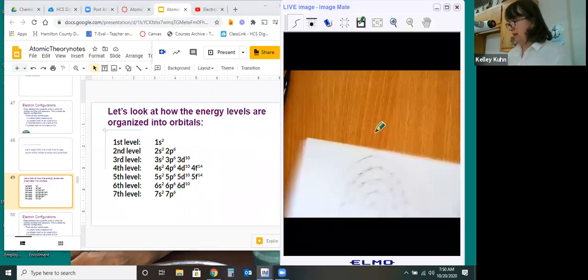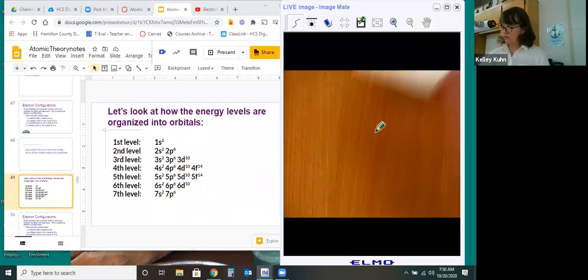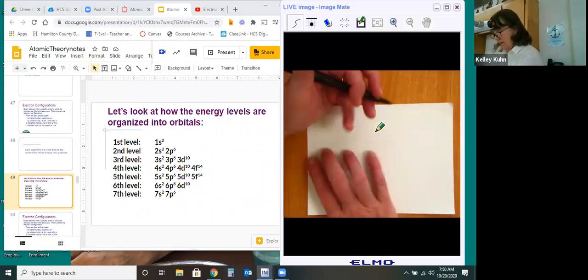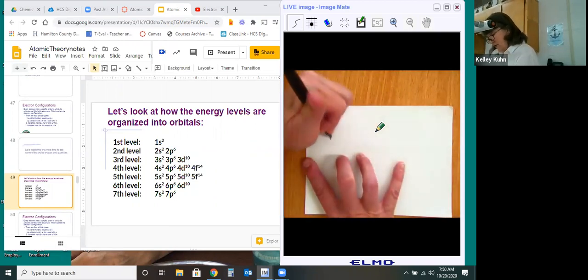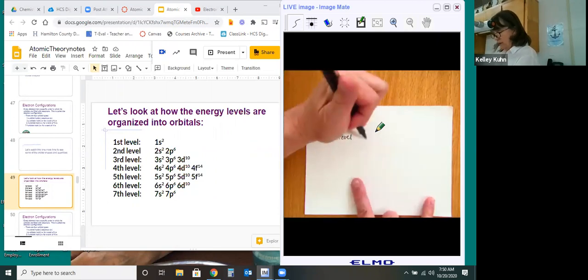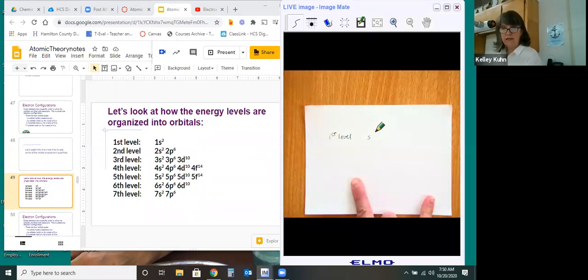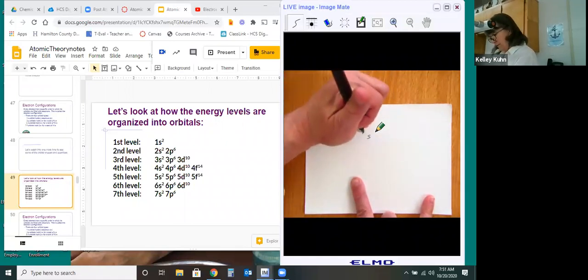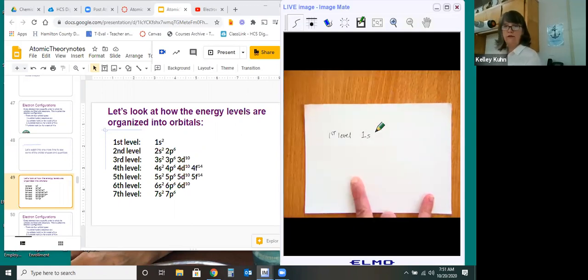So what do we mean by that? Well, that first energy level has an s orbital, right? The s. And we say that because that s orbital is on the first energy level, we put a 1.